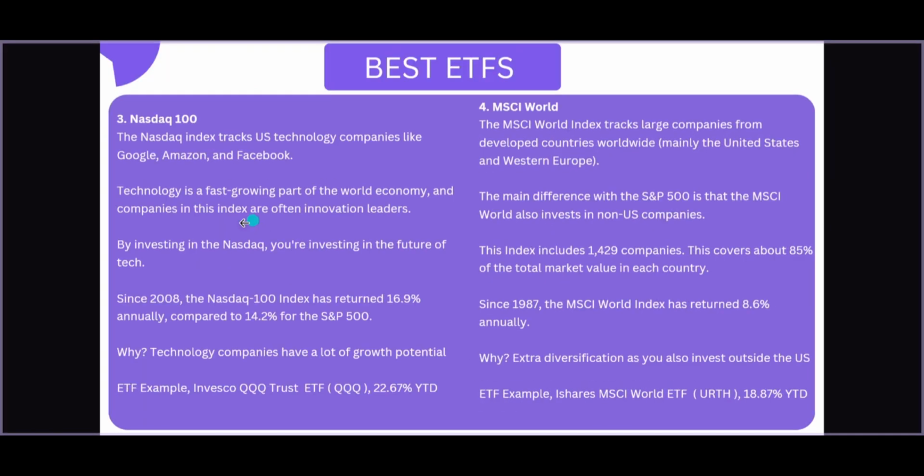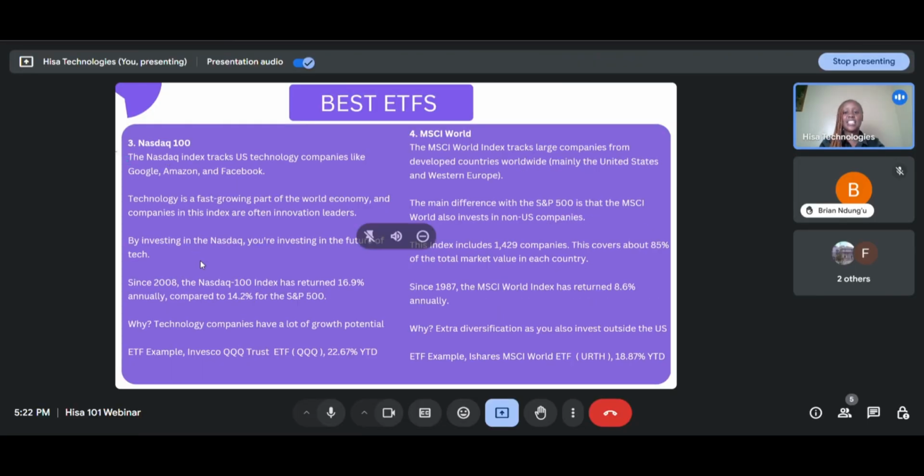Number 3, we have the Nasdaq 100 index, which tracks US tech companies like Google, Amazon, and Facebook. So if you are interested in the tech space, this is the index for you. Technology is a fast growing part of the world economy. Everyone uses tech these days, and companies in this index are often innovation leaders.